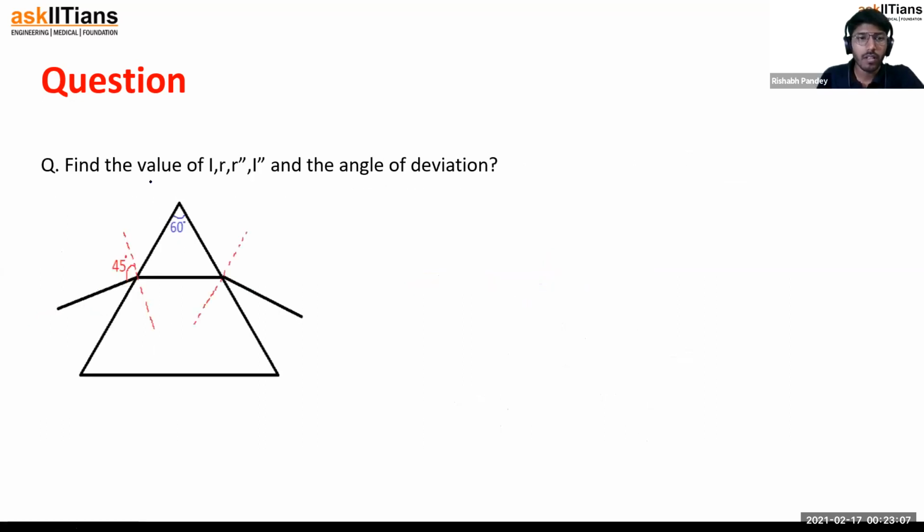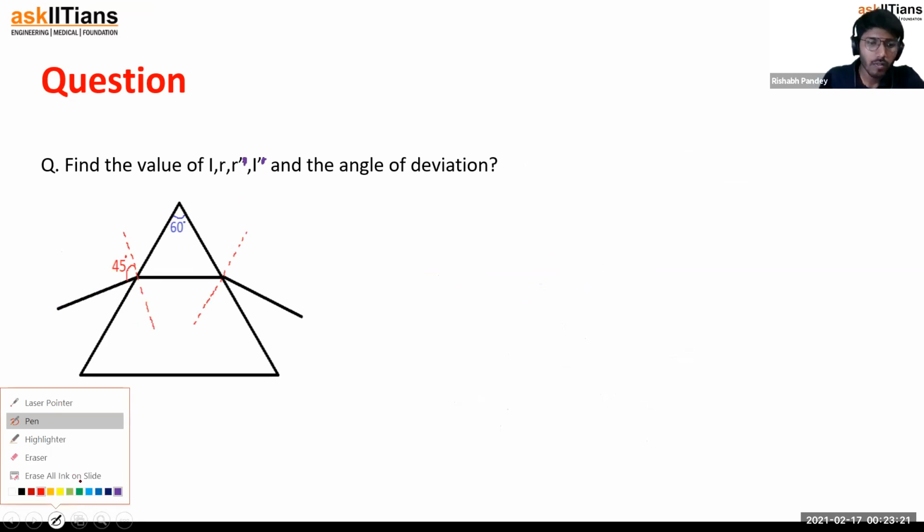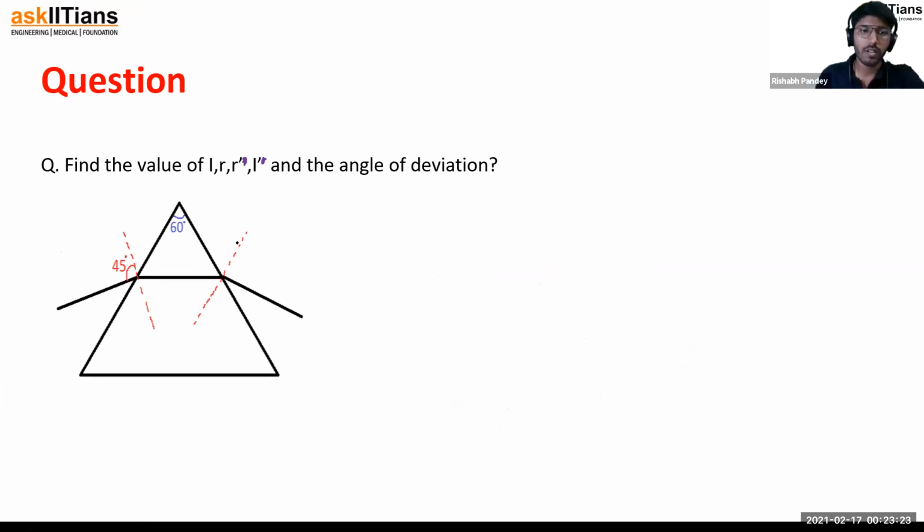Now look at this question. Find the value of i, r, r dash and i dash, and the angle of deviation. Okay, fine. What they have said is we are supposed to find the angle of incidence, angle of refraction, and then i dash, or you can also say the angle of emergence, and the angle of deviation.